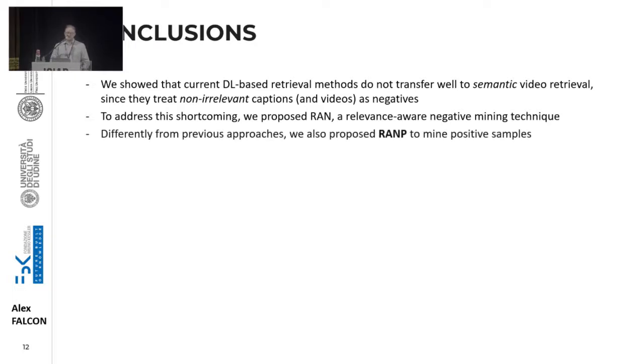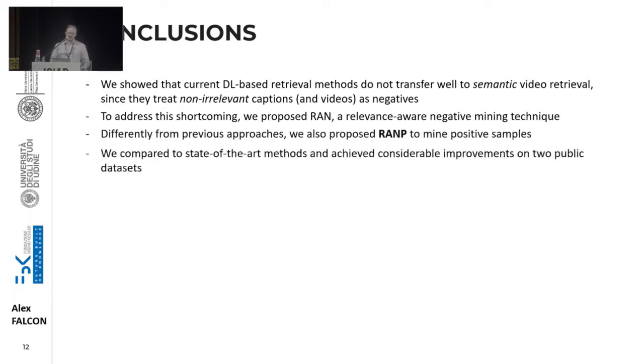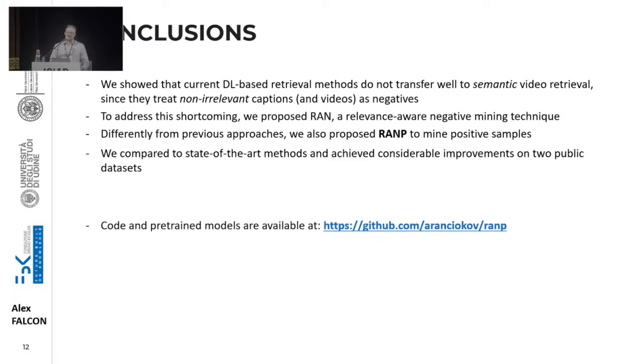And then we also introduced RAMP in order to also use the relevant captions, which are not associated to the video in the dataset, during the learning process. Then we compared with state-of-the-art methods on both datasets and achieved considerable improvements. Finally, we uploaded all the code and pre-trained models at this GitHub link. Thank you for the attention.